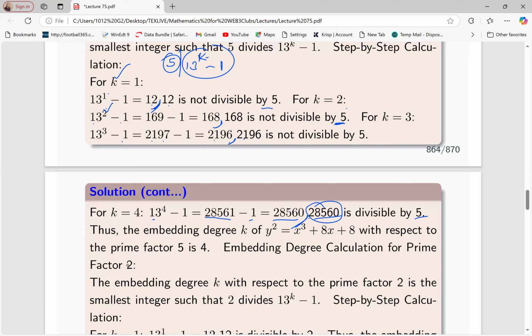You can see the last digit is 0, so this is divisible by 5. So because of that, 4 is the embedding degree when the prime factor is 5. Thus, the first embedding degree for this elliptic curve is 4. Since we have 2 prime numbers, we must have 2 embedding degrees, but the first one is 4.